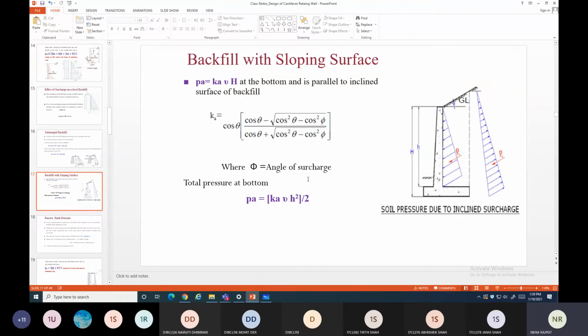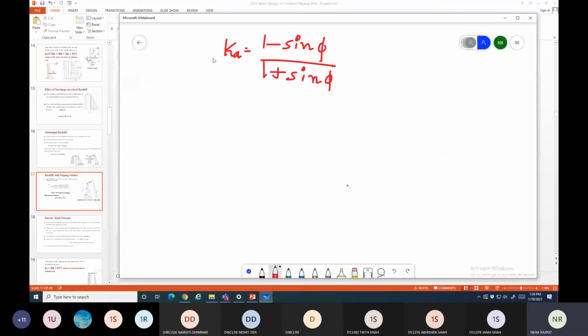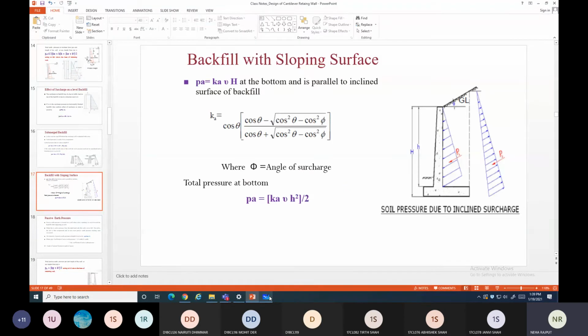So only the K equation will change in the inclined portion. Rest of the things will remain the same for the backfill with sloping surface. Here this diagram is showing the inclined surcharge.